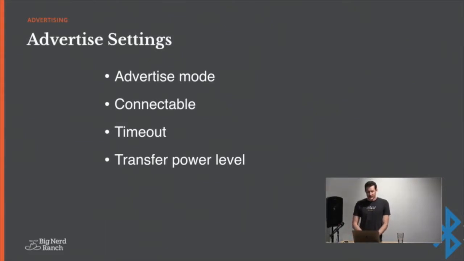And the transmit power level is basically the power going to the signal. Low power is going to be a tiny radius, not very far, but if you boost it all the way up, I think it just has 3 modes, then it's going to be as strong as that Bluetooth adapter can send, and you'll be discoverable from a longer distance.